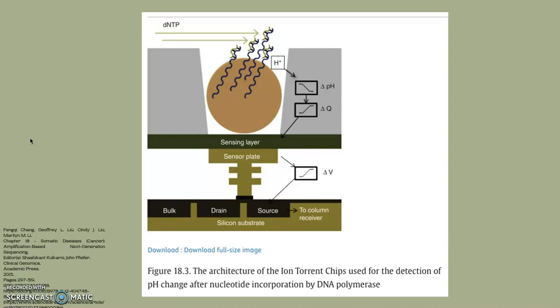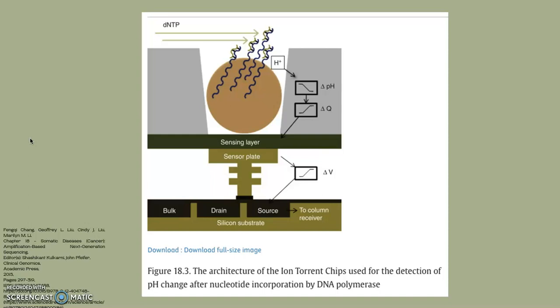Therefore, a hydrogen ion would be released, which causes a drop in pH. In this illustration, Q is representing temperature, and we can see that when there is a drop in pH, the temperature will increase. The sensing layer detects the temperature change, and the sensor plate will translate that into an increased voltage, and that will be sent to the column receiver.